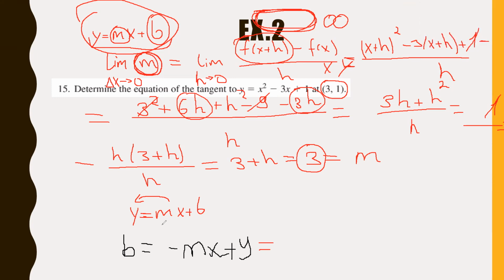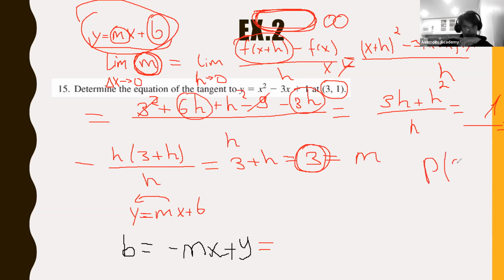Wait, which one is M? This 3. Okay. And the X and Y is 6. Point P that we are looking into has coordinate 3, 1. Oh, okay.